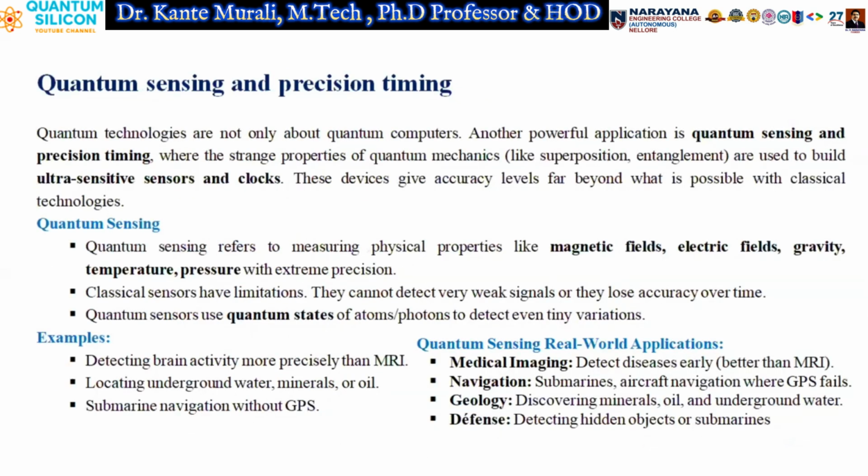Another important area is quantum sensing and precision timing. As you recall, today people keep on talking about AI/ML, but what is the purpose for which you are going to use AI, ML, DL, all these things? Ultimately, you are looking for automation.